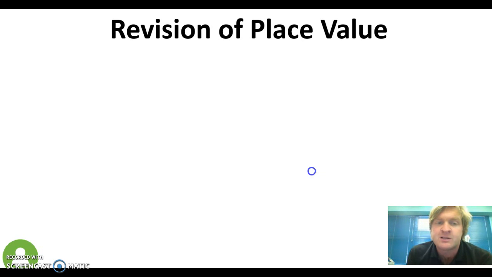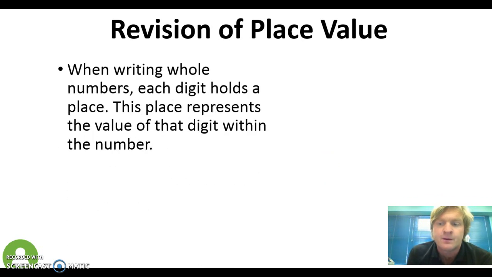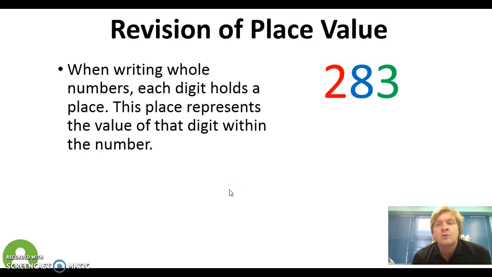Further revision of place value. When writing whole numbers, each digit holds a place. This place represents the value of that digit within the number. 283. 3 units or 3 ones. 8 tens. 2 hundreds.